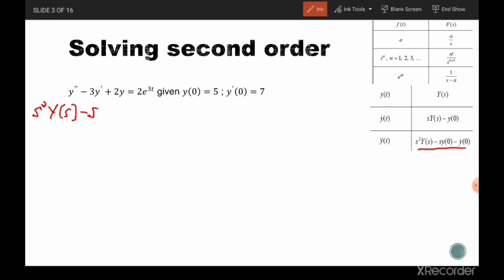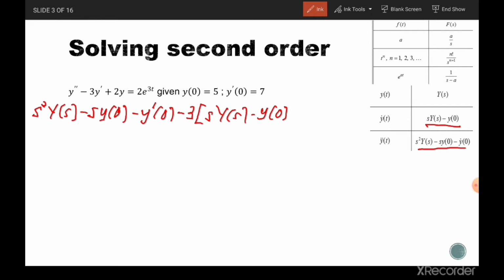s squared Y(s) minus s y(0) minus y prime (0). Then minus 3, and don't forget to include the number here because we have 3 here. And then we include the Laplace, minus y(0).